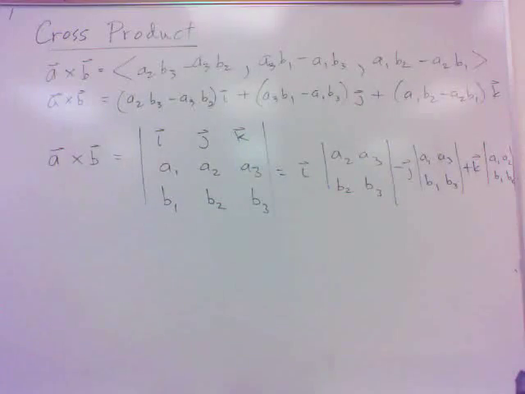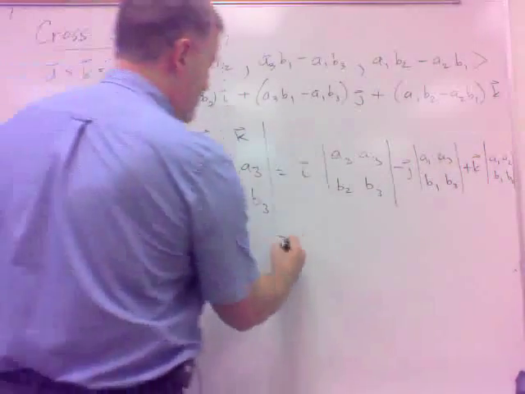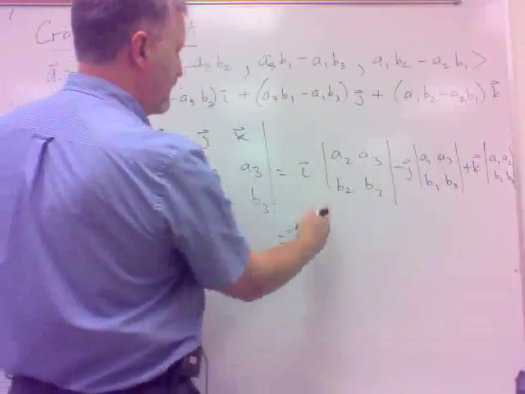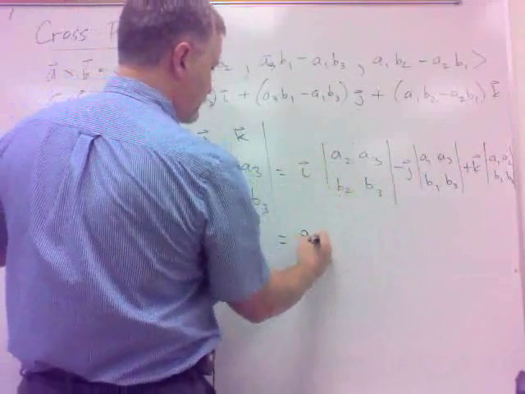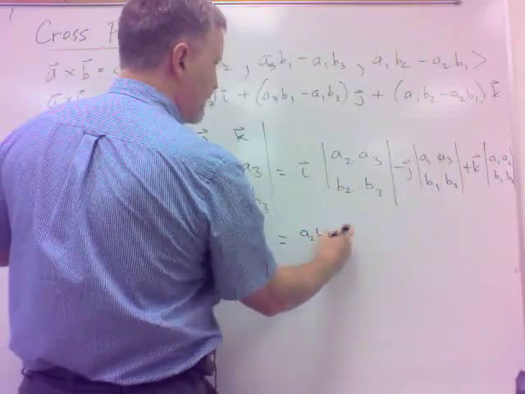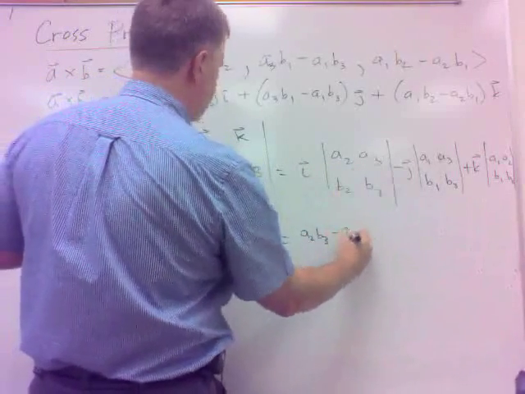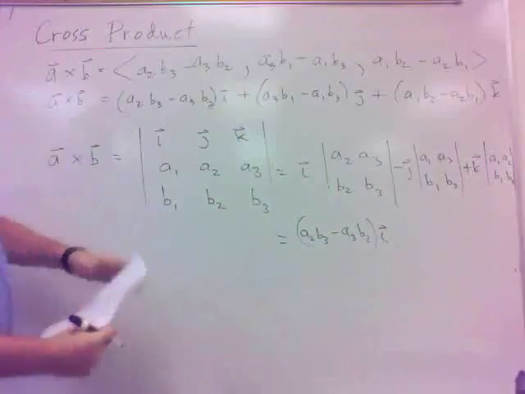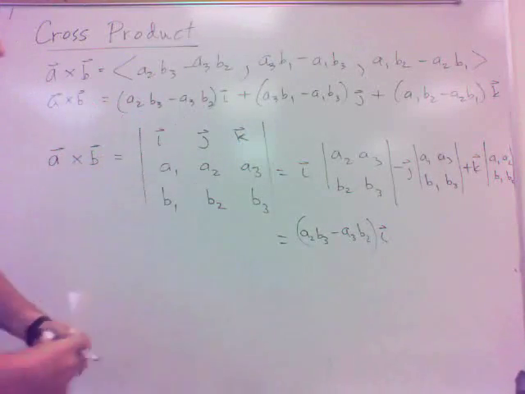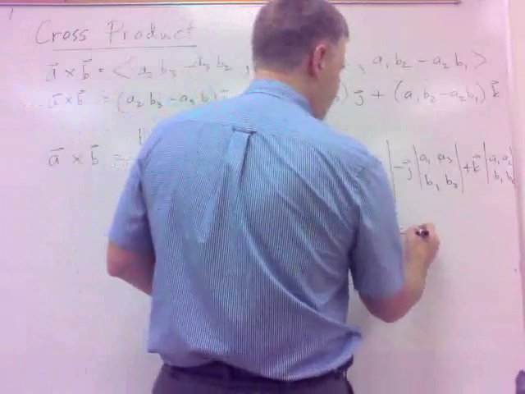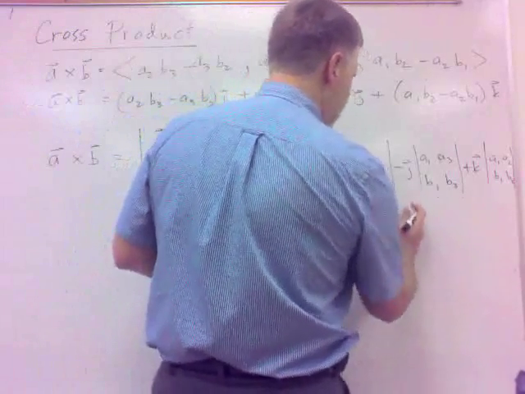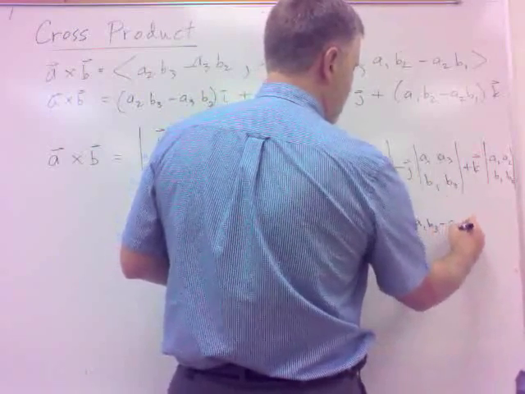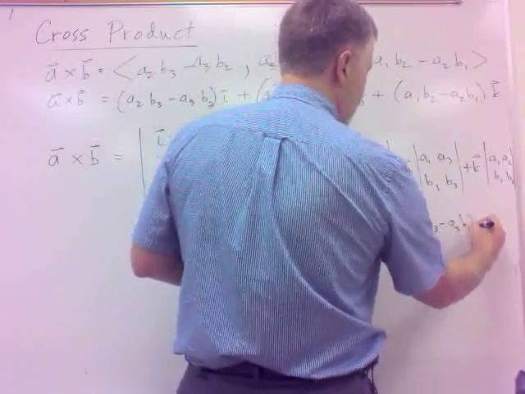And notice this comes out the same. We can flip-flop those around. So we have A2B3 minus A3B2 times the I vector. Ta-da. And then minus J times A1B3 minus A3B1 times the J vector.